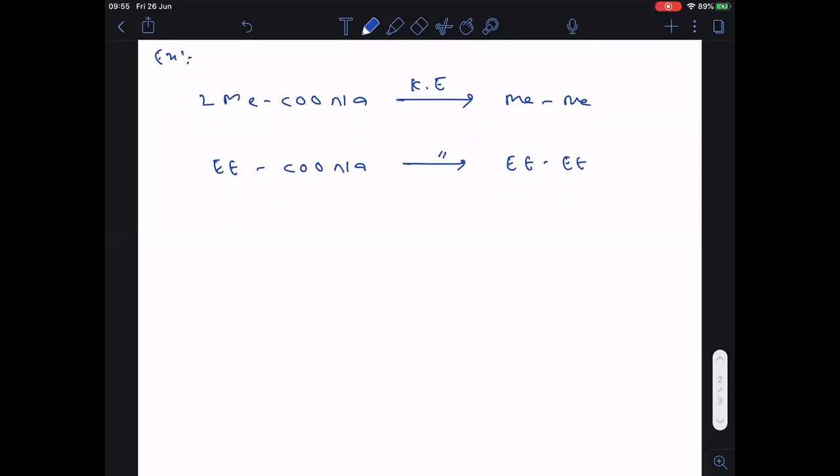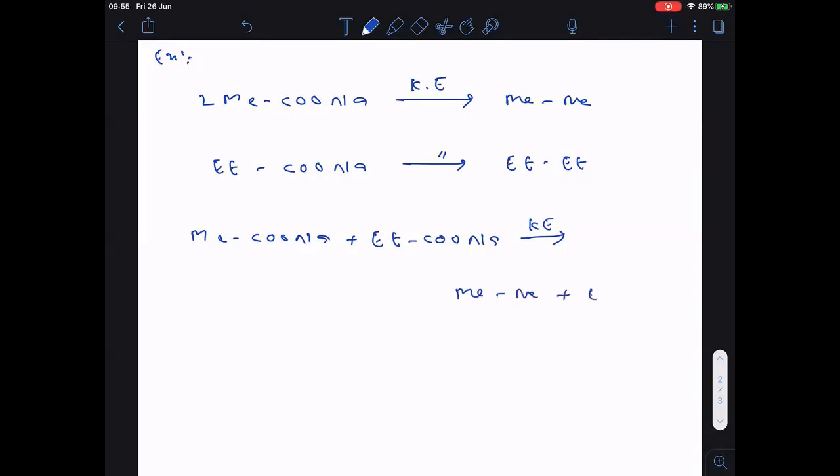If I take two different alkyl groups, so see clearly, one is MeCOONa plus EtCOONa when subjected to Kolbe electrolysis, then I will get the mixture of three alkanes.